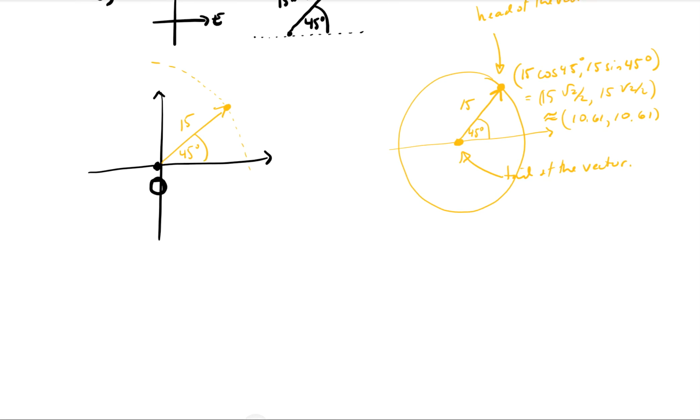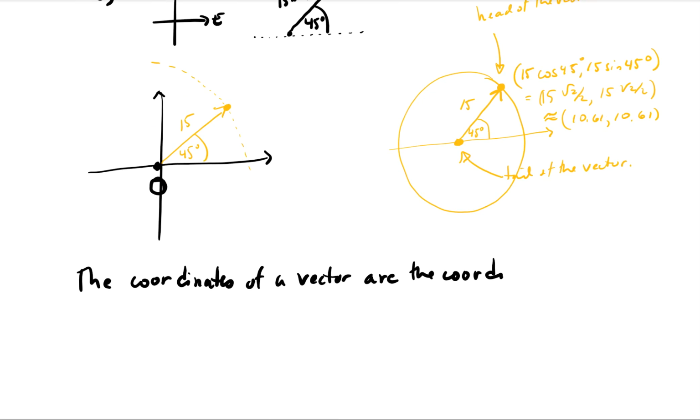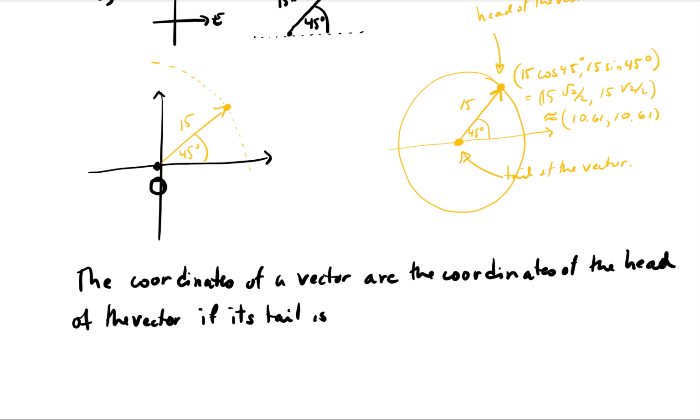So we could basically say that the coordinates of a vector are the coordinates of the head of the vector if its tail is at the origin.